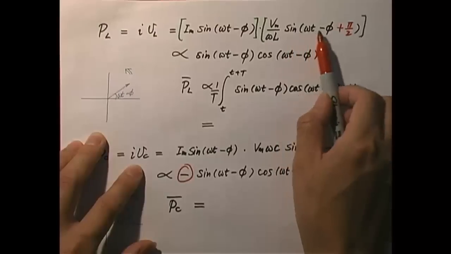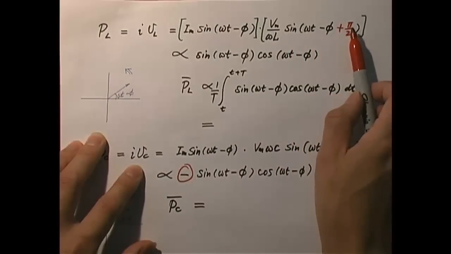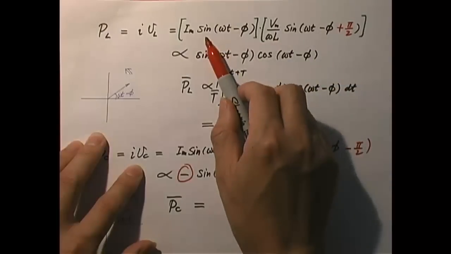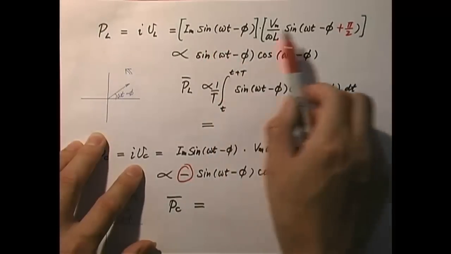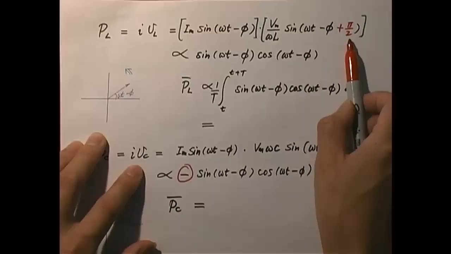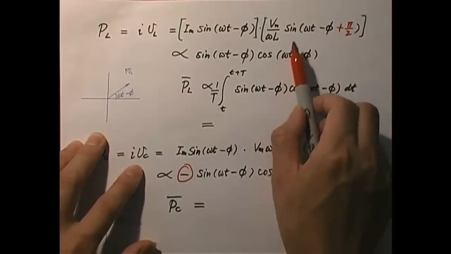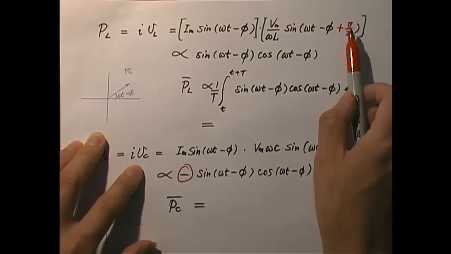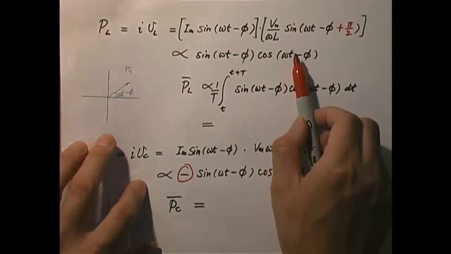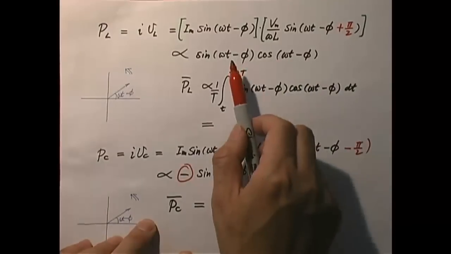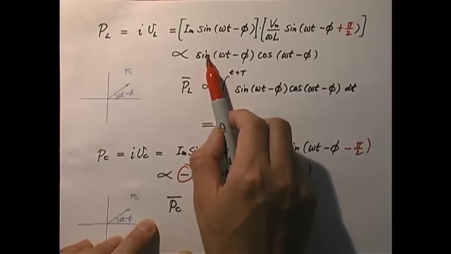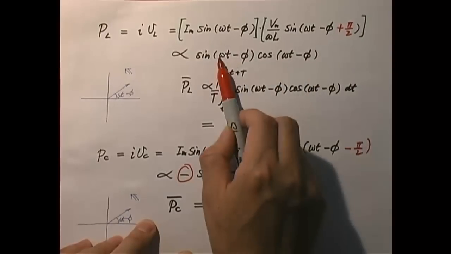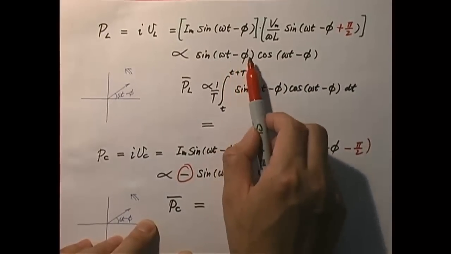And there's a sine of omega t minus phi, but don't forget there's also a phase difference of pi over 2. You know, VL leads the current going through the inductor by an angle of 90 degrees. Now this I can rewrite as a cosine function. Sine of theta plus pi over 2 is the same as cosine theta. So basically this is proportional to sine times cosine with the same exact argument of omega t minus phi.